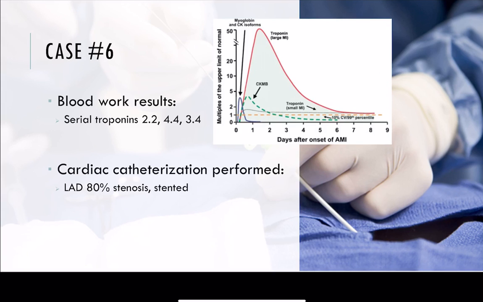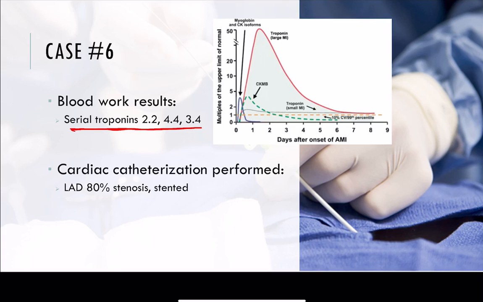It does take about 6 hours to increase in the blood, and it can stay elevated from anywhere from 5 to 14 days. So if we look at this patient's serial troponins, what does this tell us? It tells us that the heart was damaged, right? He came to the emergency room with substernal chest pain. His EKG was normal, but his blood work is revealing that there was some myocardial injury that occurred.